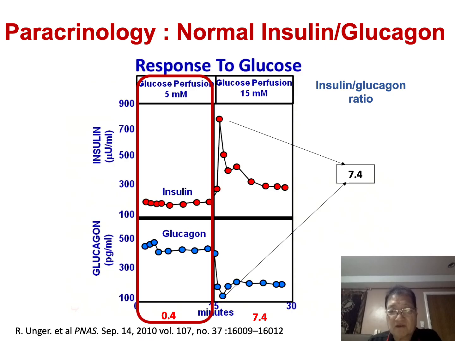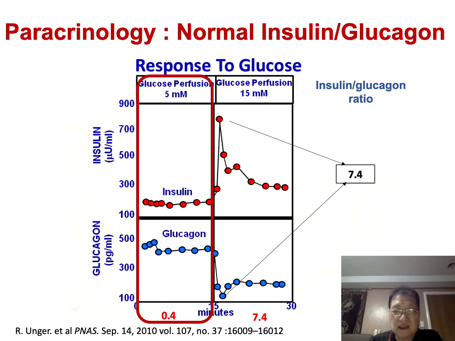So the very first insulin response has a profound effect on glucagon. The insulin-glucagon ratio of 7.4 is high, that tells the liver to suck up all the incoming glucose and store it as glycogen. And this is normal.